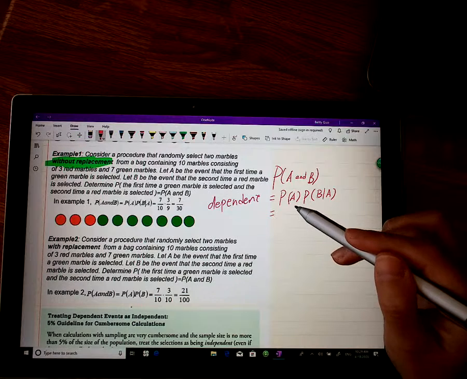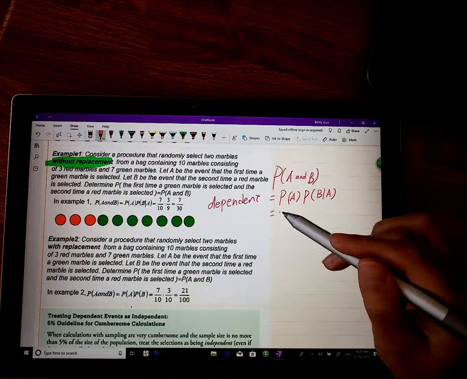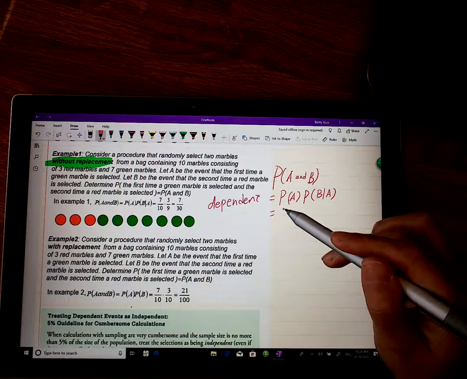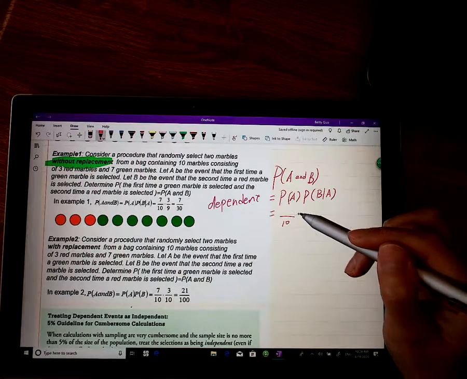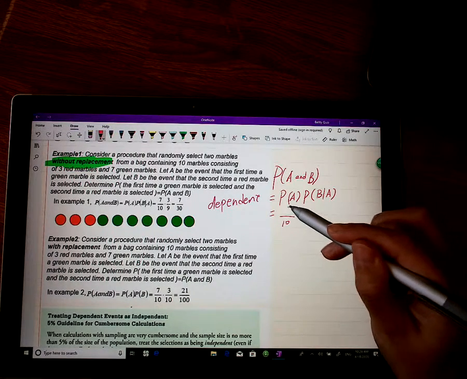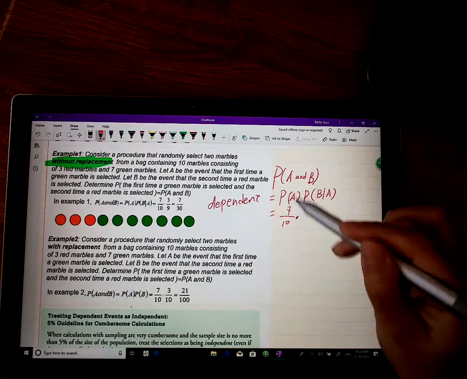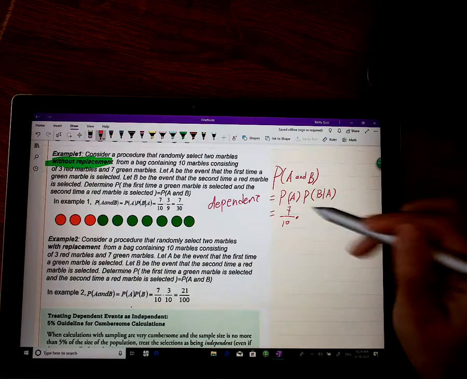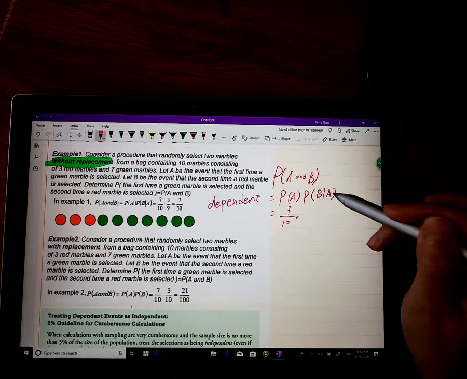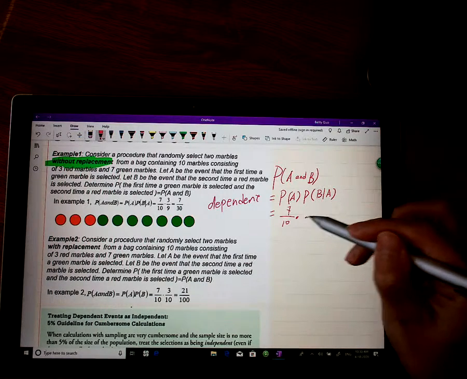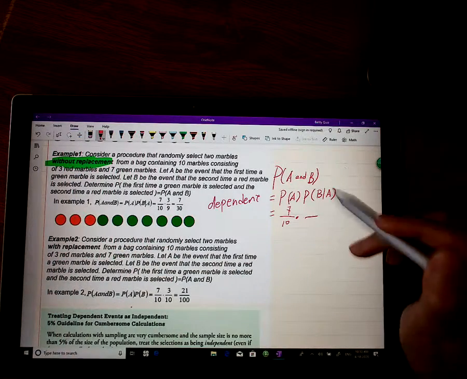Okay, so what's the probability of A? Probability of A is, you have 10 marbles, the first time you get a green marble. 10 marbles. How many green in it? 7. That's the probability of A, right? How do we find the conditional probability? Now we know the first time you get a green without the replacement.